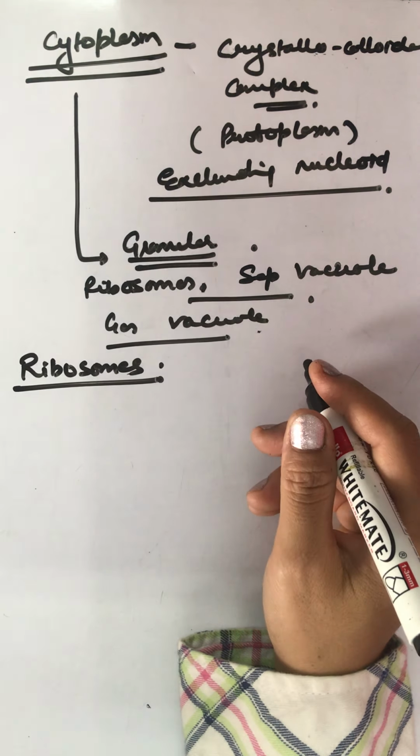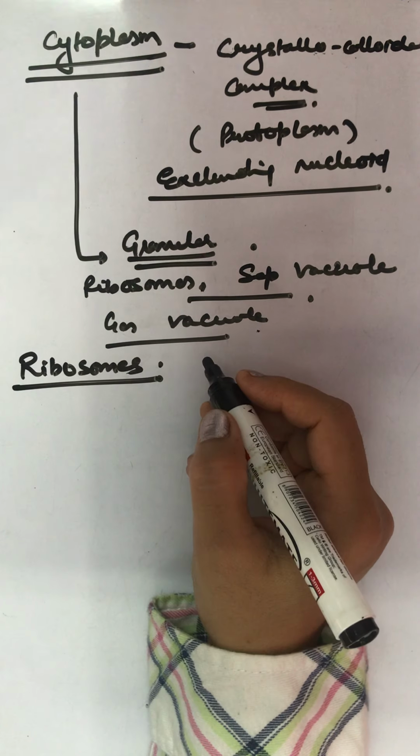These ribosomes are found attached to the plasma membrane of the cell.